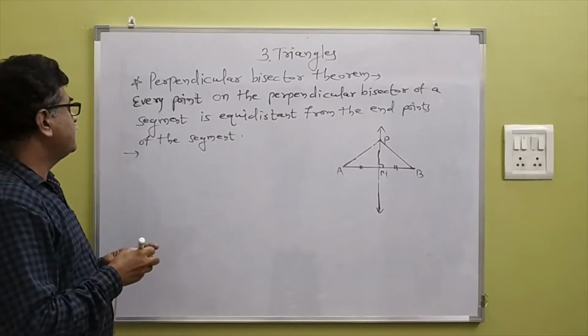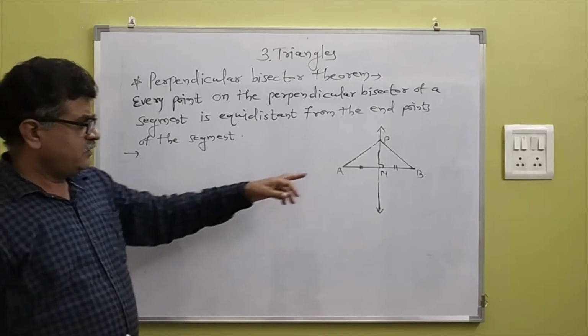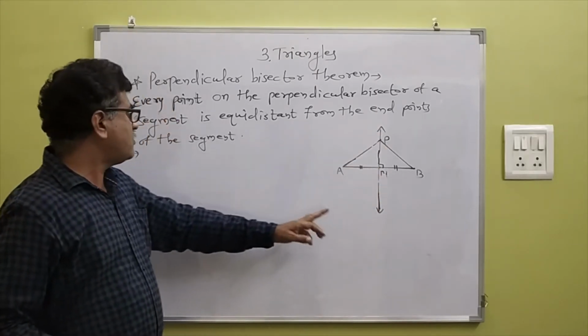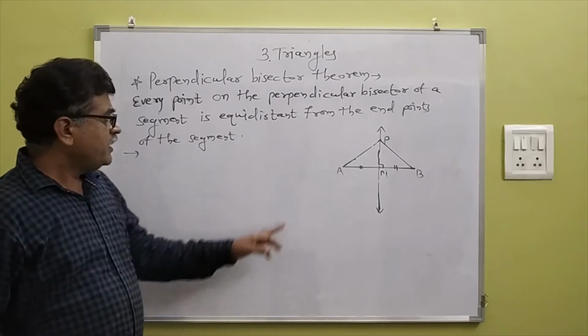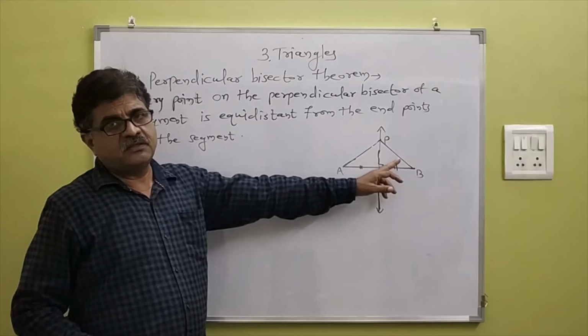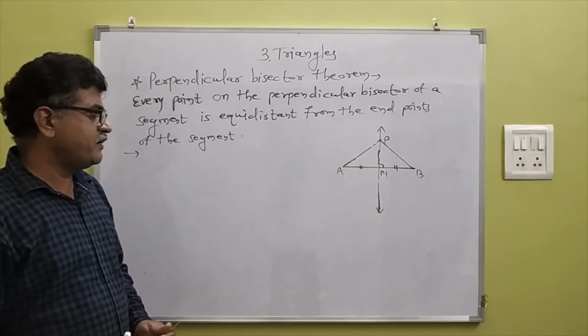Now let us see here, every point on the perpendicular bisector of a segment is equidistant from the endpoints. Now let us see how we can solve this theorem.